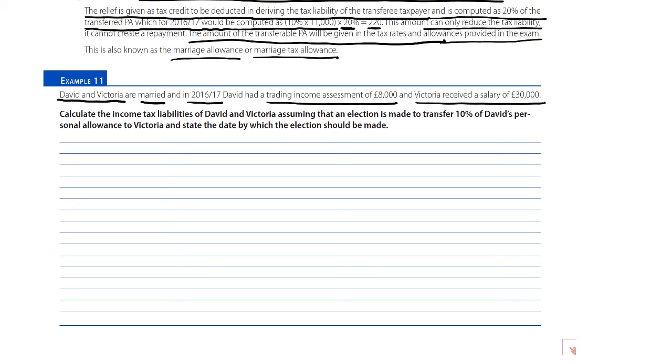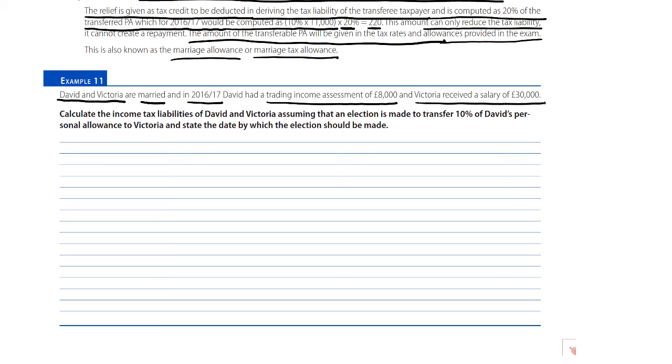Not all of that wasted amount can be preserved, but this is the ideal situation where David would elect to transfer that fixed amount of 10% of their personal allowance across to spouse Victoria. Again, you can't get all of the unused personal allowance transferred, just that fixed amount. Why would it be available here?